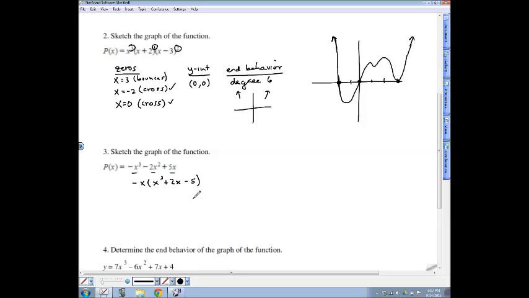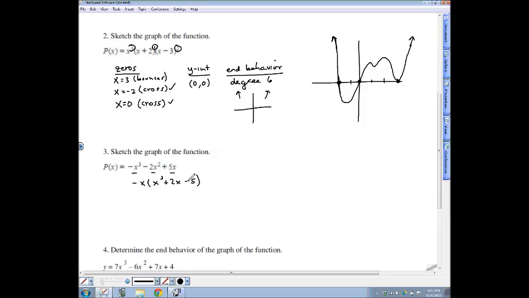Now this problem is slightly unusual in the fact that normally when you're left with a quadratic factor, you'll be able to write that as the product of two factors simply by using simple factoring techniques. It turns out that x squared plus 2x minus 5 doesn't factor. So that could mean one of two things. This quadratic factor produces two irrational zeros that we would have to get with the quadratic formula.